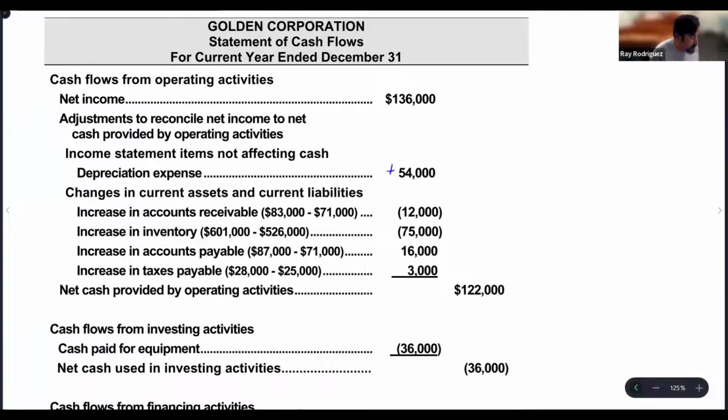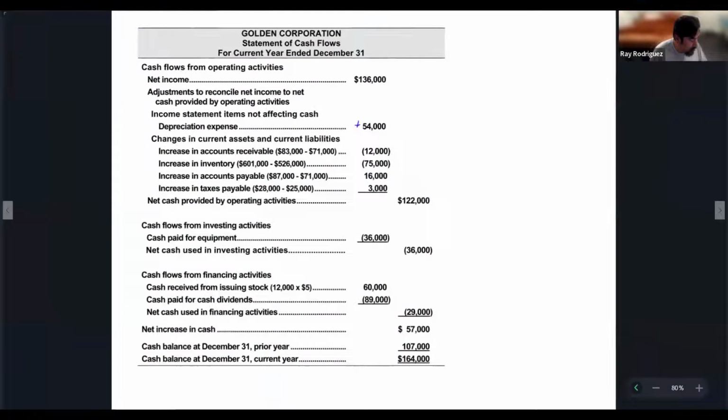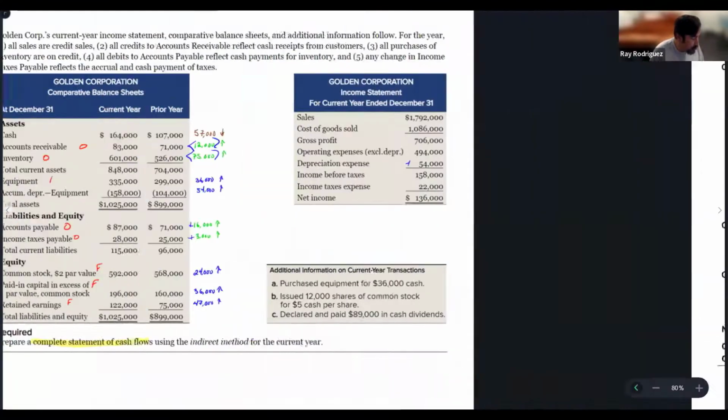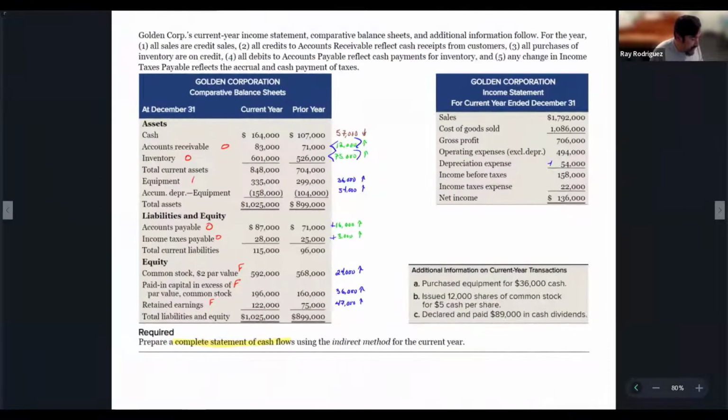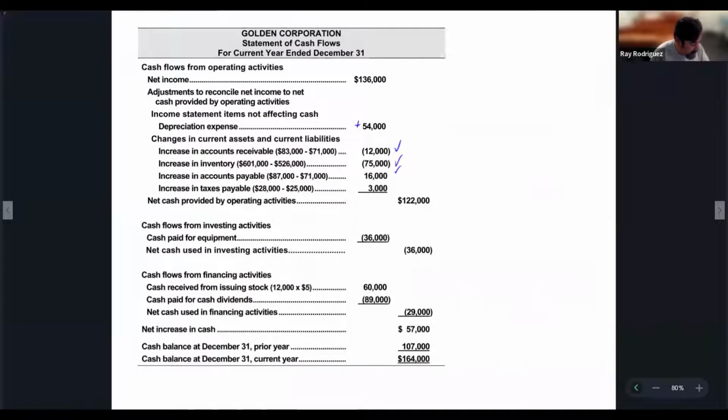Add the 54,000 for depreciation. Subtract the 12. Subtract the 75. Add the 16. That's this and this. Add the 16 and the 3. There's our operating. Cash inflow of $122,000.